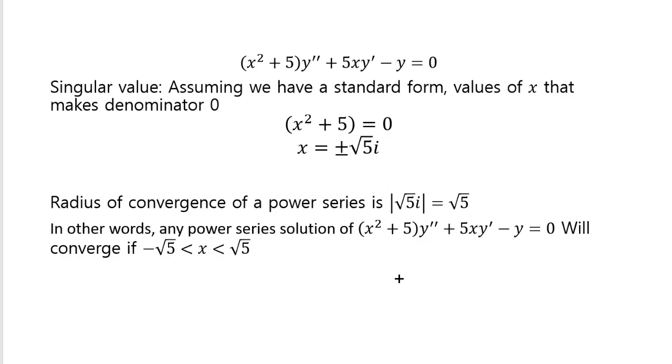That one will be different, because for that case you have to think about the distance between square root of 5 i and 1, and that distance will be the radius of convergence. But for the case when you have a power series solution expanded around 0, which is what we are doing, this is the interval of convergence, and this will be the radius of convergence.